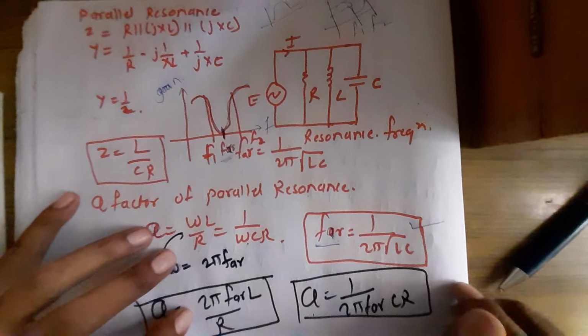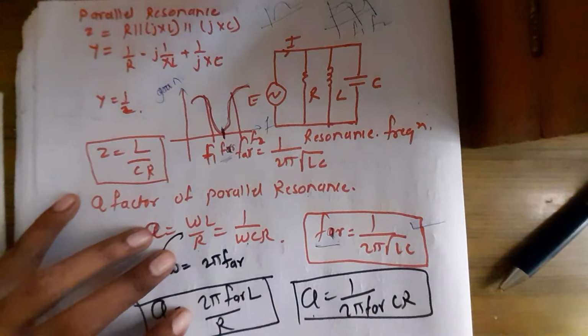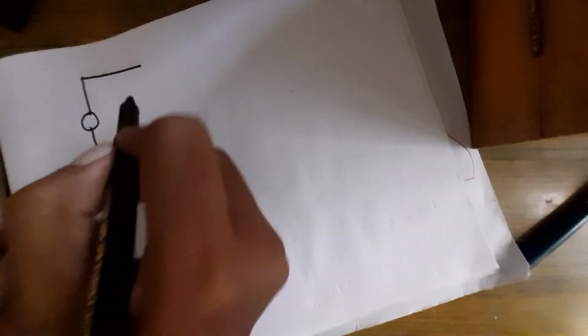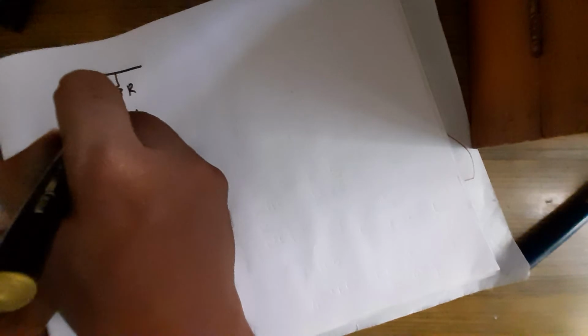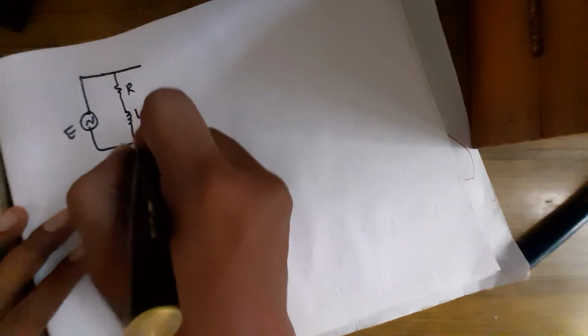Now we will see one problem on the parallel resonance circuit. I will post this problem on Google Classroom, but I will give you some introduction here. This is the circuit they have given, which has a resistance, L and C, and E is the supply voltage.